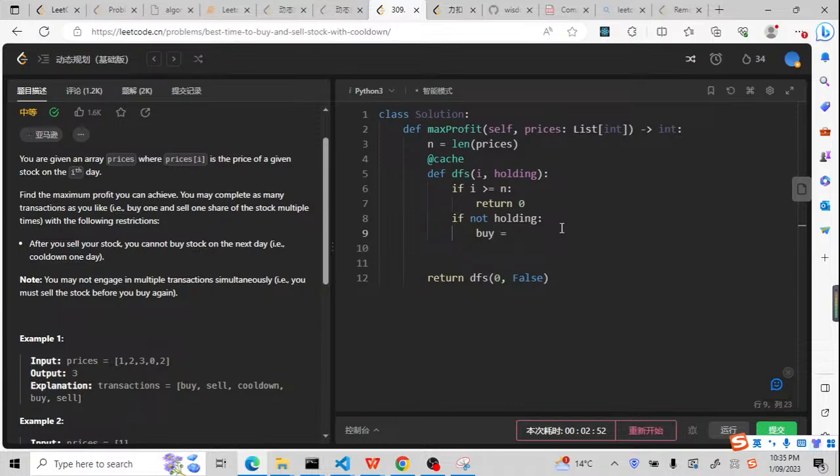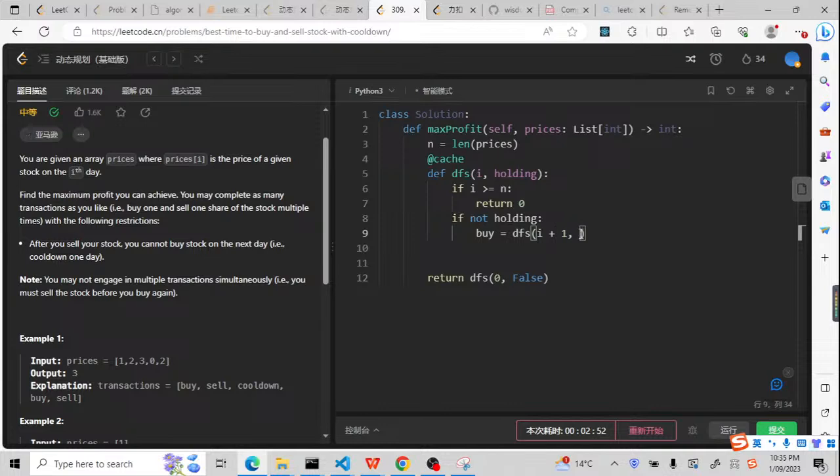So I will give a state buy. So the buy will be the DFS for the next one, which will be i plus 1, because this is for the next day. And inside it will be true or false, where this true or false means holding.